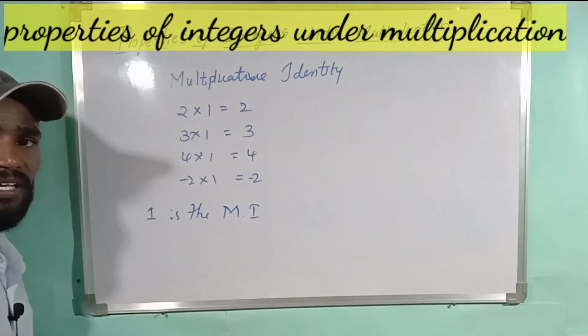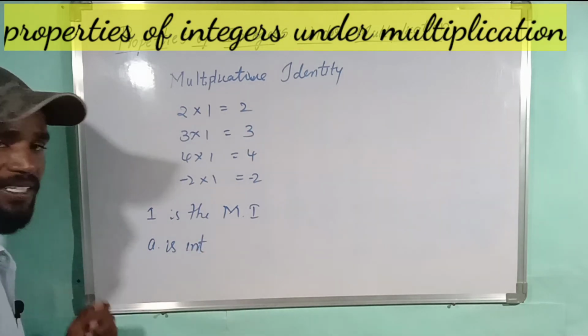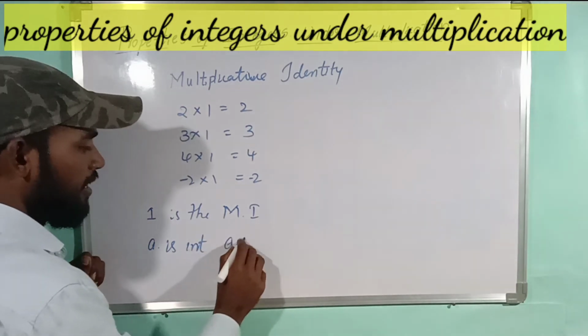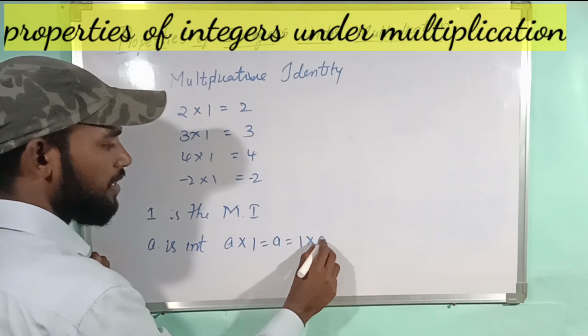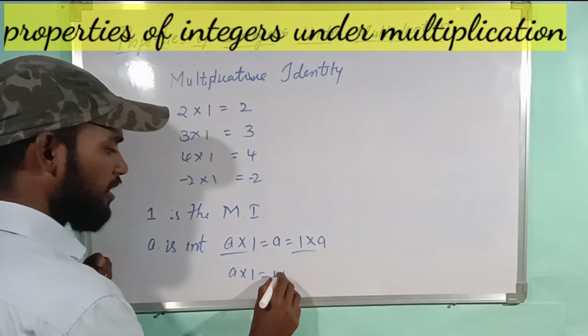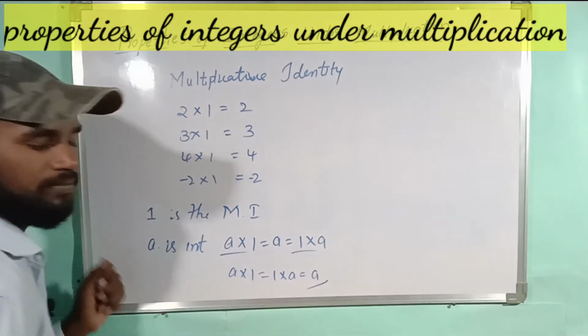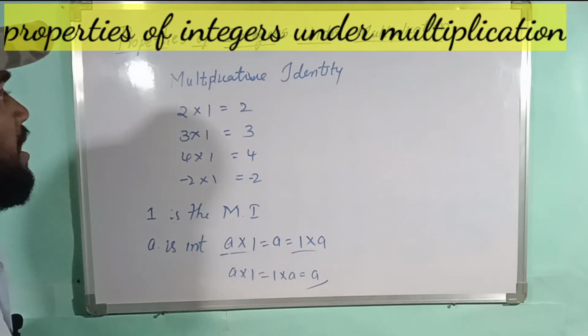In general, if a is an integer, a into 1 is equal to 1 into a is equal to a. Here a is an integer. So this is our multiplicative identity.